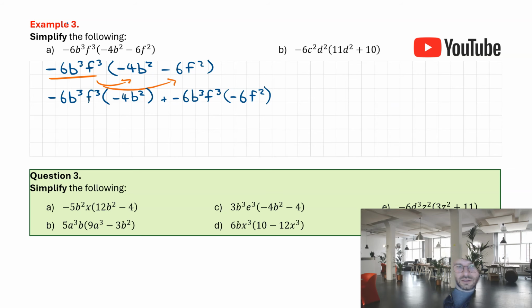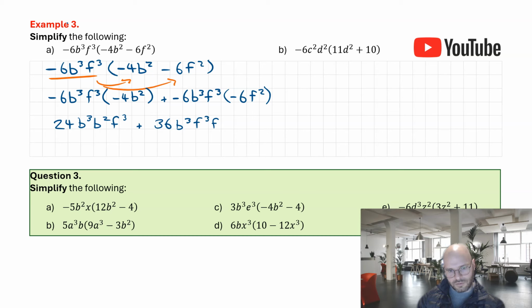squared. Multiplying the coefficients, 6 4s are going to be 24, they're both negative so it stays positive. We have b cubed, b squared, f cubed. Plus negative, 6 6s are 36 so that's going to flip to positive. Then we're going to get b cubed, f squared.